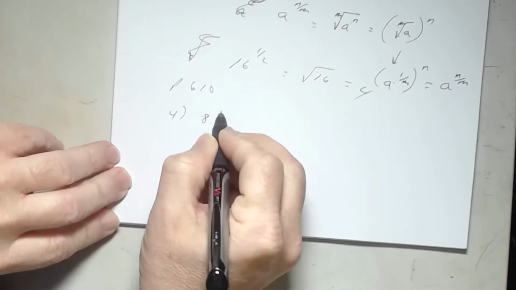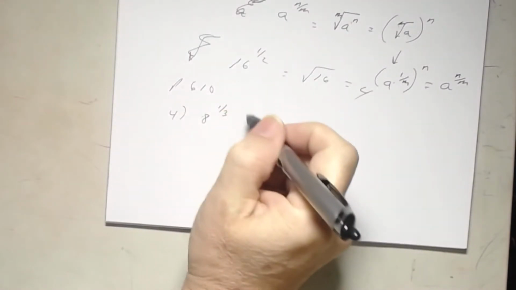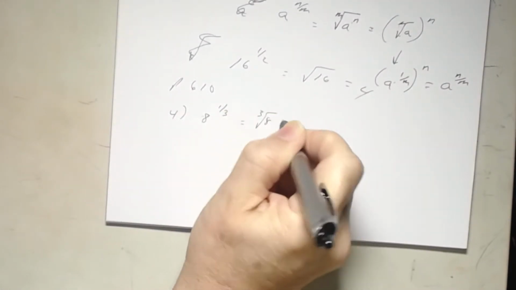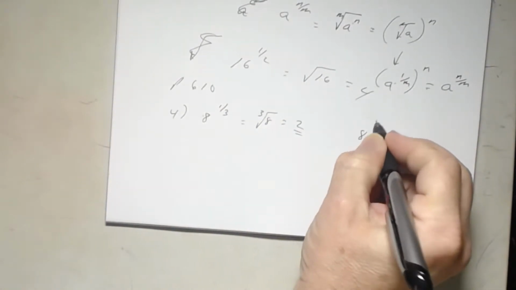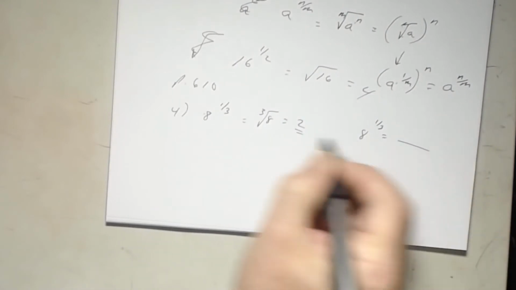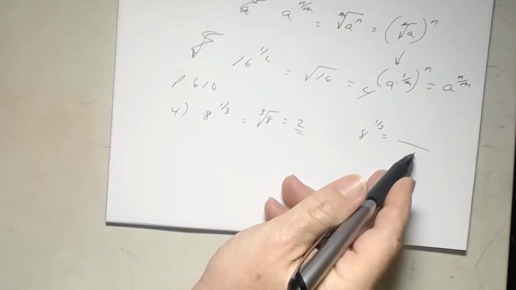You have 8 to the 1/3 without using a calculator. What is 8 to the 1/3? Cube root of 8, which is 2. There's your answer. So in the blank, on the worksheet, where I have 8 to the 1/3 equal blank, don't put the cube root of 8. Put the 2. That's what it equals.